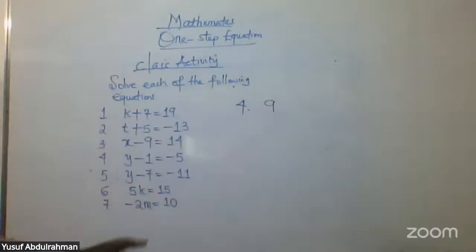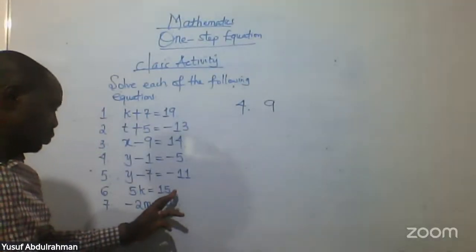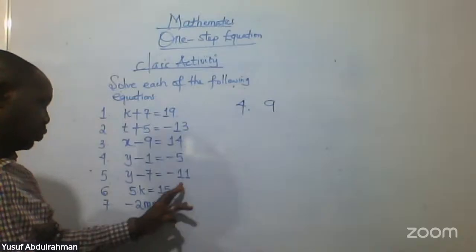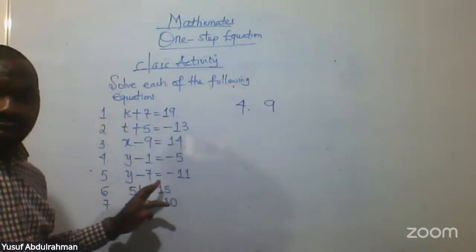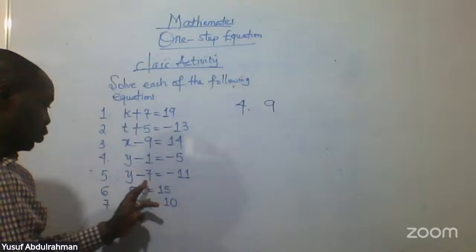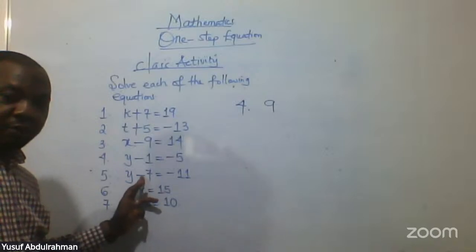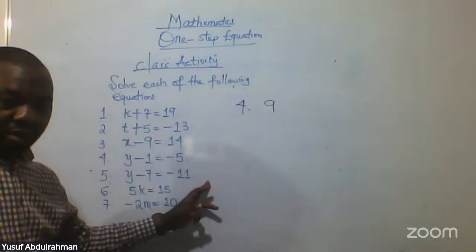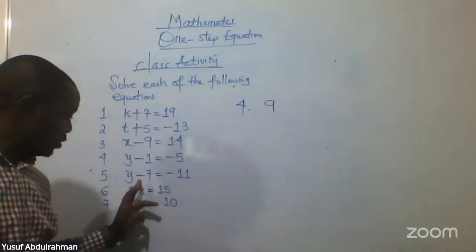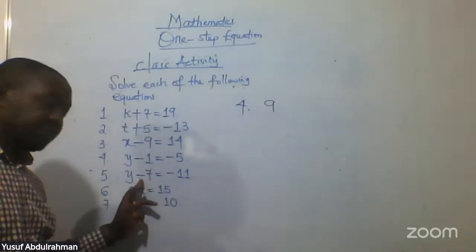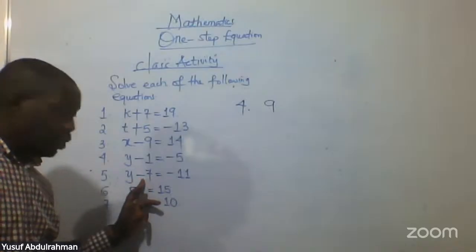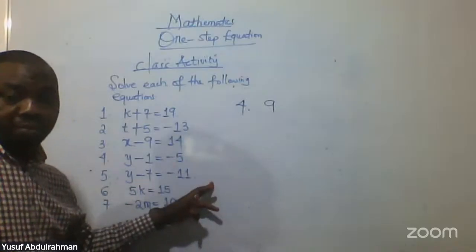Okay, so you got question 7 and question 6 correctly, but question 5 is wrong. When you move 7 to the other side, it is -7 on the left-hand side, so when it goes to the other side, it becomes +7.